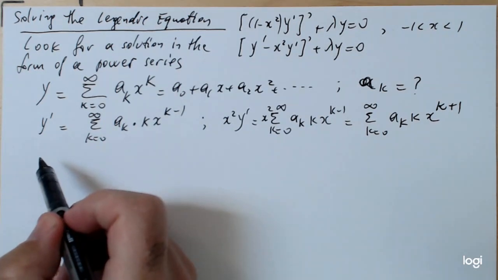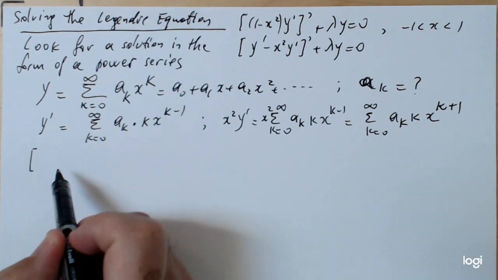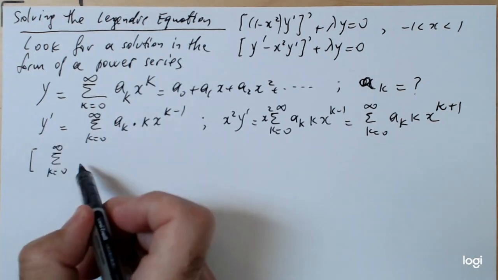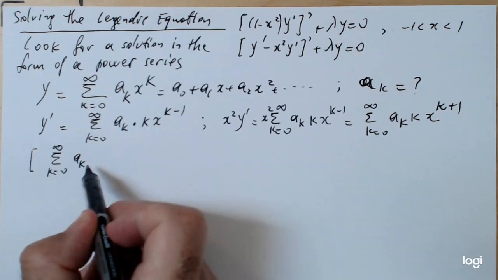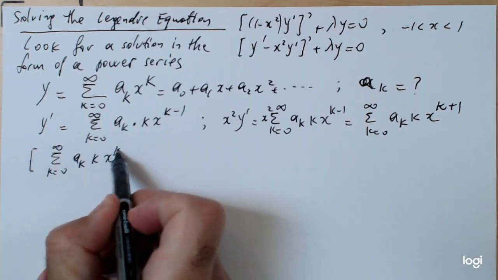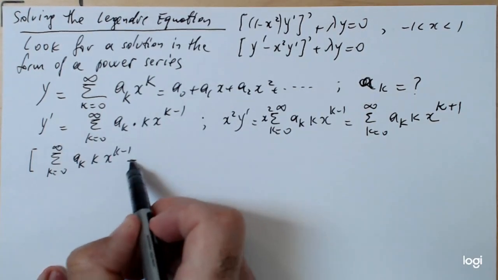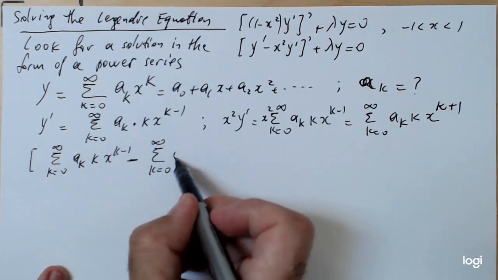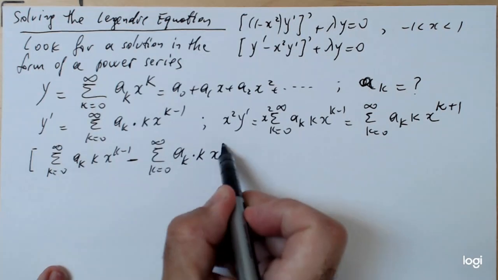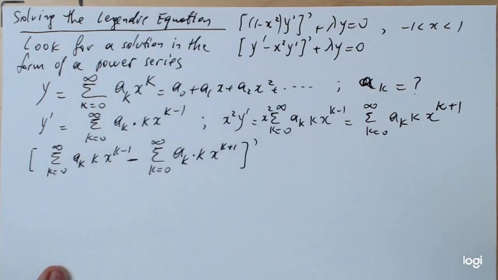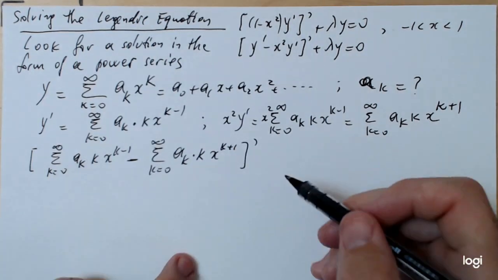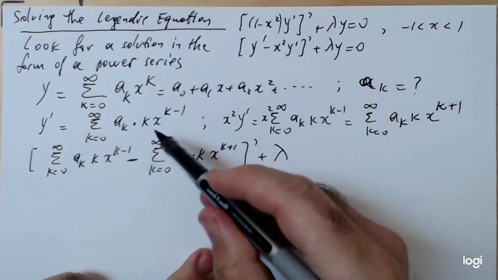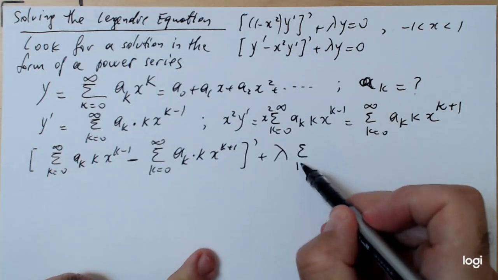And let's do one more step here. So y prime, summation k from 0 to infinity, minus x squared y prime, and one more derivative to take, and then plus lambda y, which is the original summation.